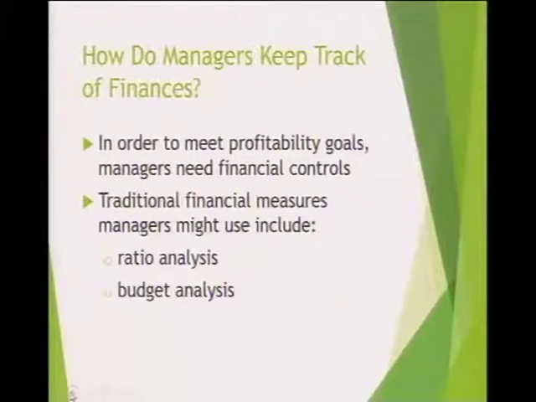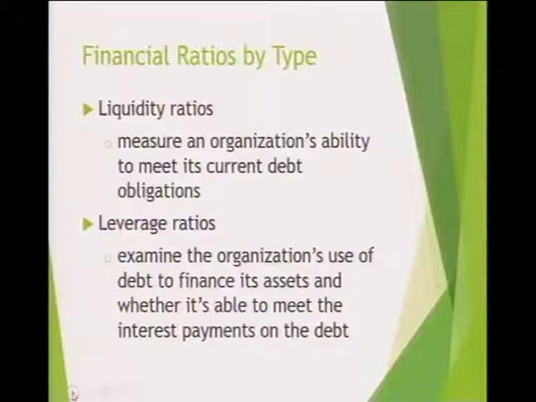You need to control the output to ensure that there is some money left in the coffers in the form of profit or in the form of less spending. There are also traditional financial measures managers might use, for example, ratio analysis and budget analysis. So the manager can also use those facilities.